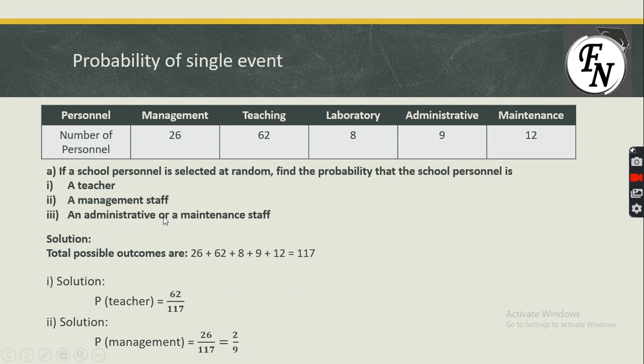The third part has an OR between them, and I have discussed in the previous video as well that when I talk about OR, we need to add up both the probabilities, the first one and the second one.